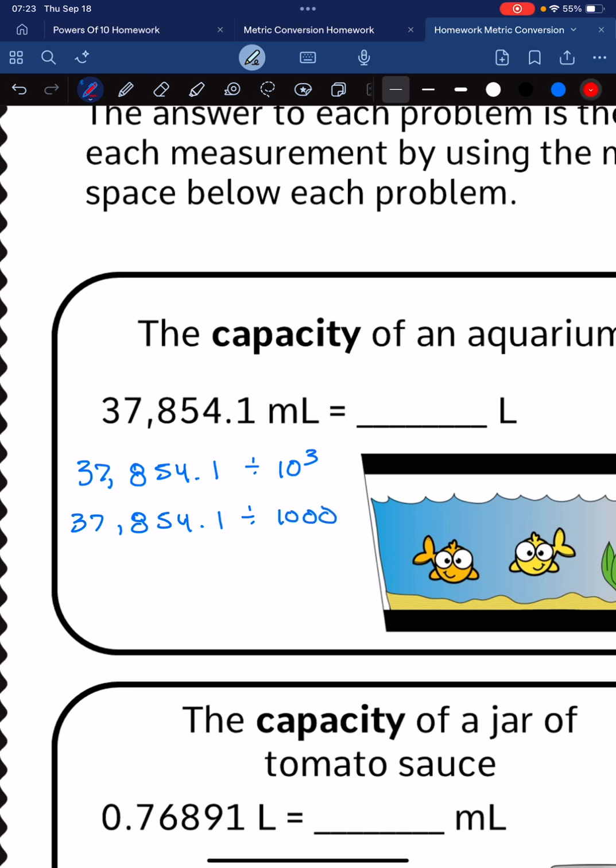Okay, so that means I'll be moving my decimal place 3 places to the left. I got 1, 2, 3 right here. Yes, beautiful. All right, and so with that being said right here, that means my answer would be 37.8541. Just make sure I can see that decimal point right there, okay?